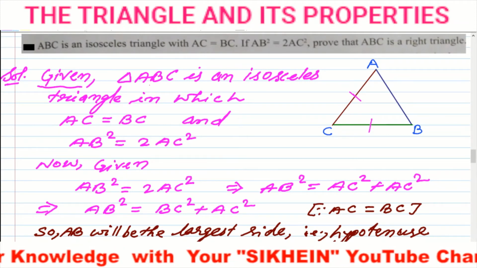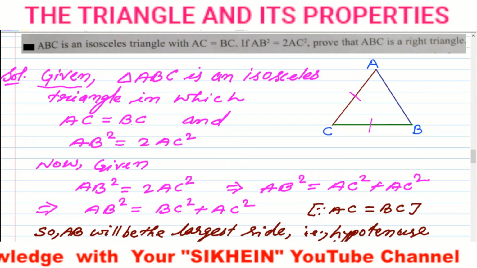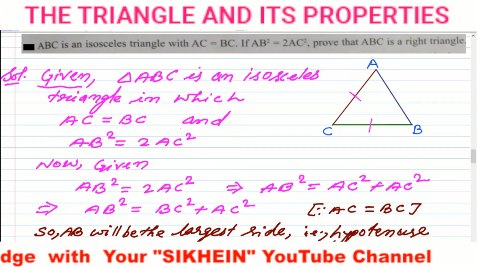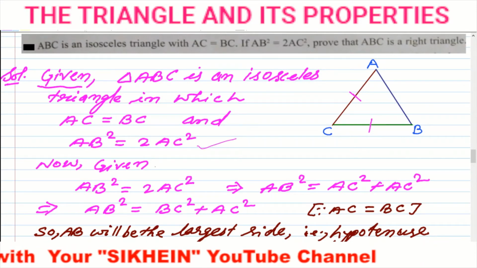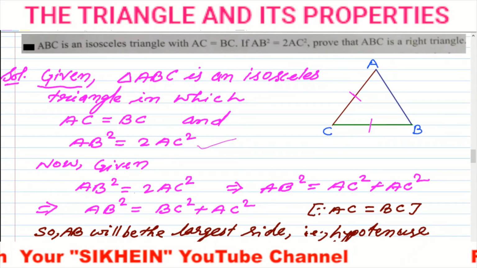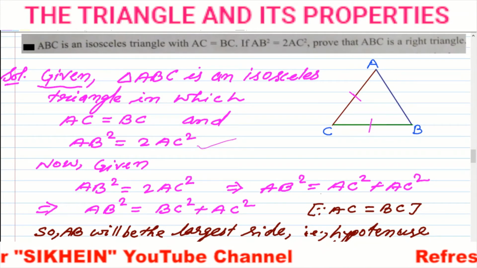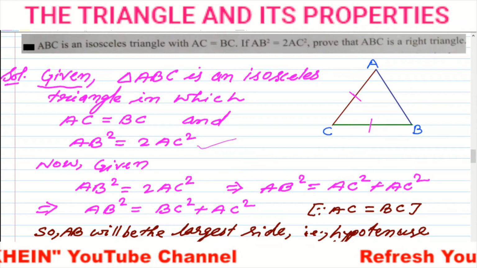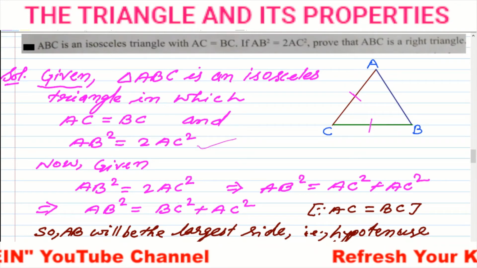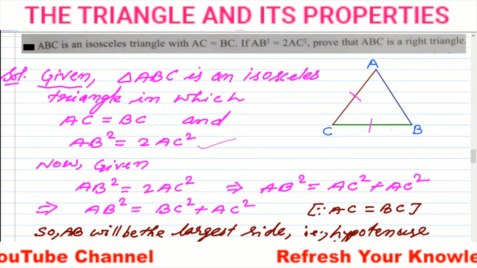Given triangle ABC is an isosceles triangle in which AC equal to BC and AB square equal to 2AC square. Now, AB square equal to 2AC square implies that AB square equal to AC square plus AC square. Then AB square equal to BC square plus AC square, because AC equal to BC is given here.